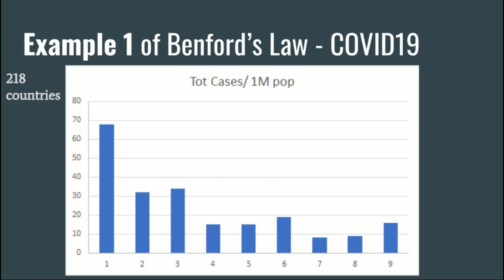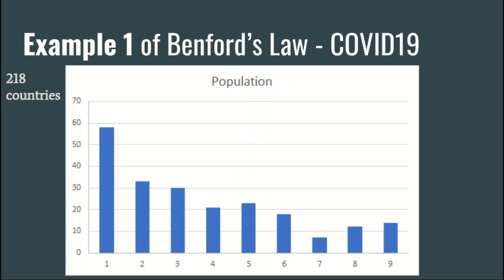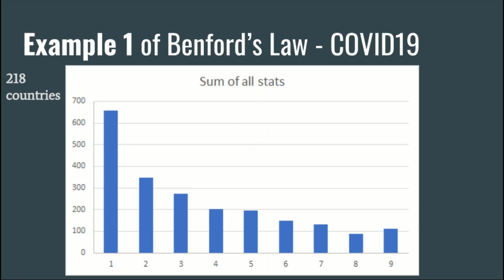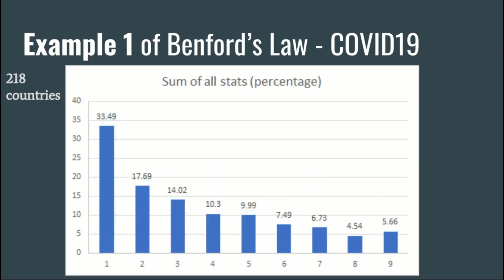You can see that the population graph follows Benford's law much more than the previous graphs. Moreover, when all the plots have been summed into a single plot, you can see that with a higher set of data, we get even closer to Benford's law.